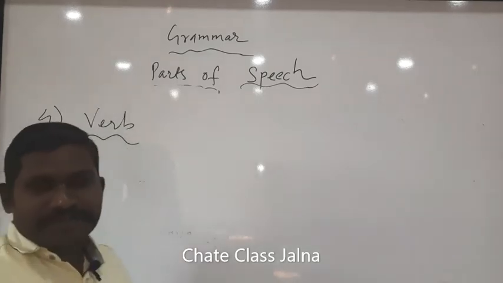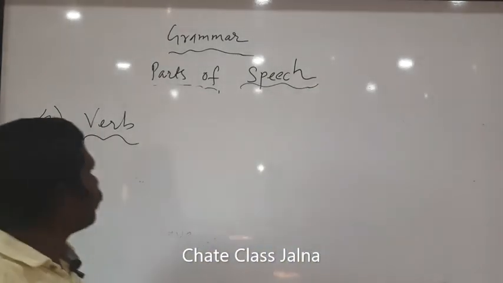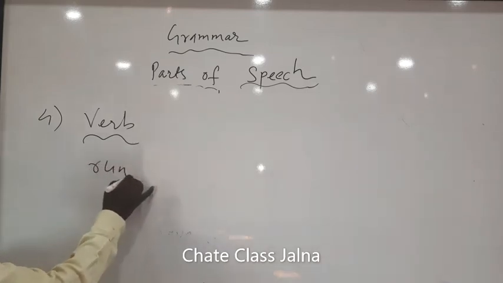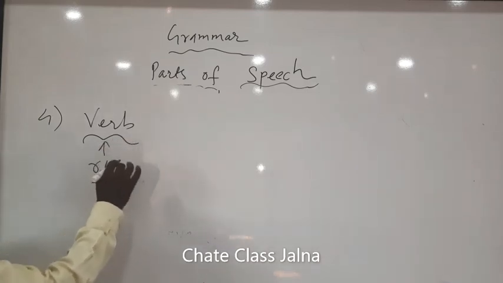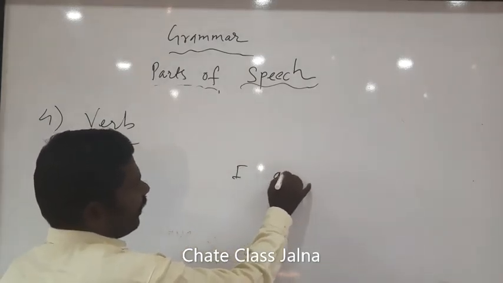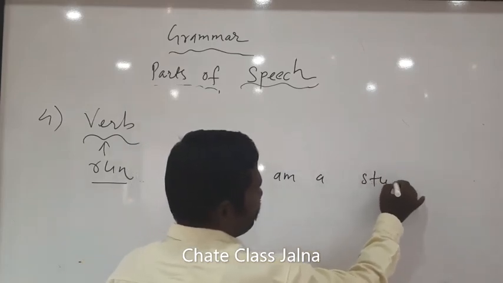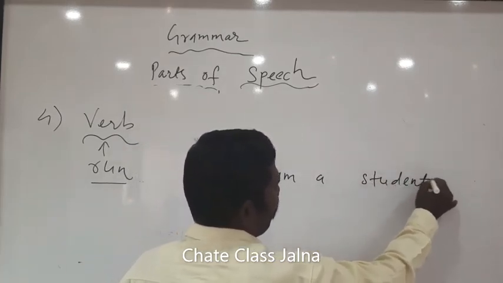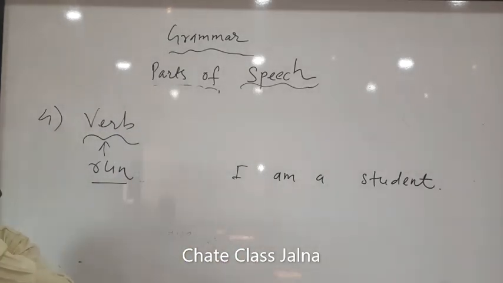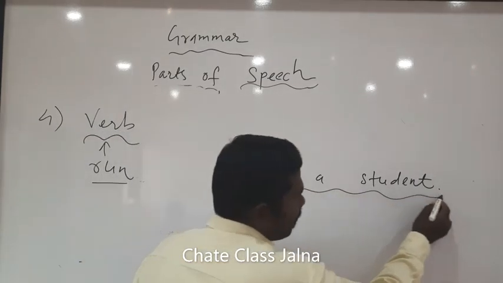Generally you can say that verbs are action words, like to run, to laugh, to learn. Now if I write, I am a student, we get a complete sense, so it is a complete sentence.